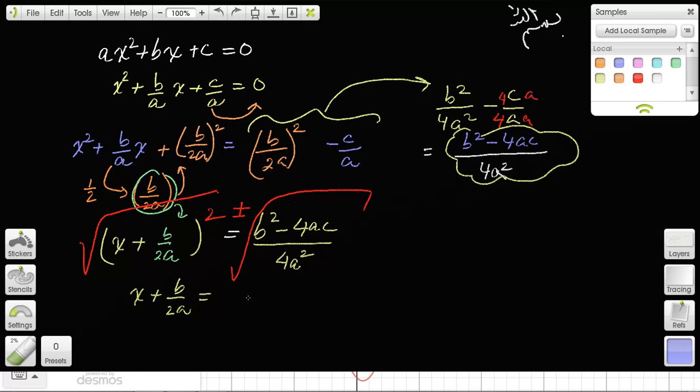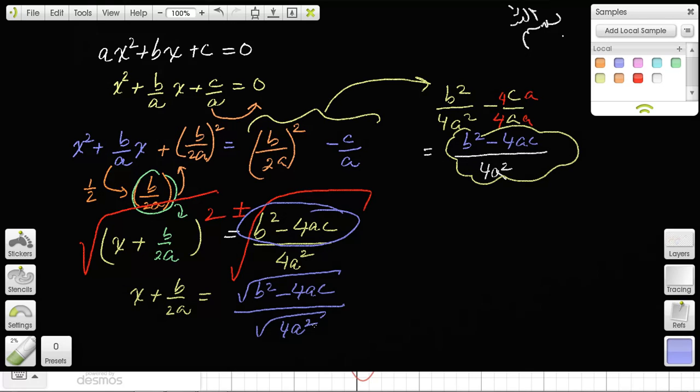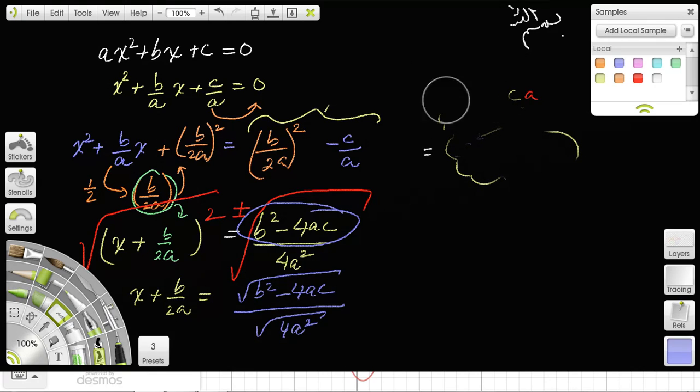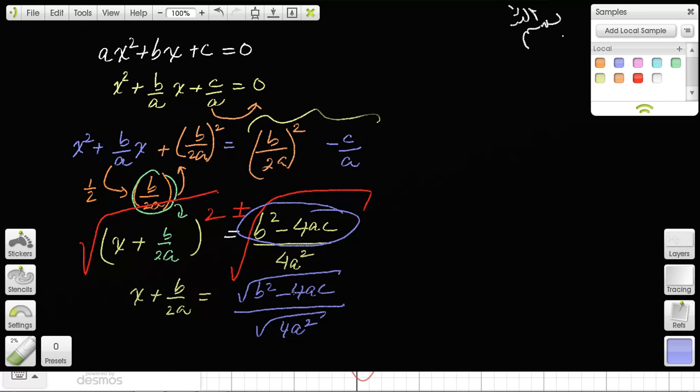So this is going to become square root of b squared minus 4ac over square root of 4a squared. I'm going to need a little bit of room here, so I'm going to erase this part over here, because that was just scratch work. I'm going to rewrite this whole thing.